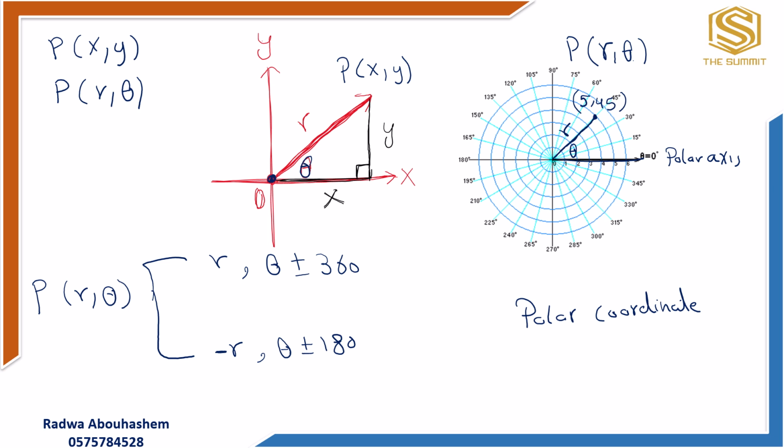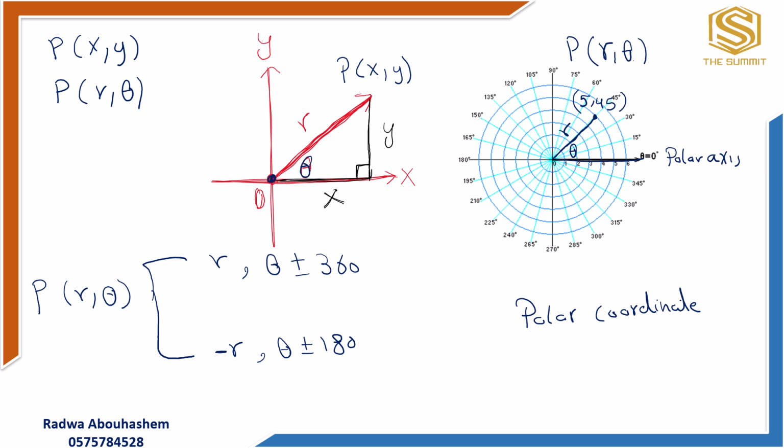It would be 540, 180 times 3, 180 times 5, 180 times 7, and so on. But for 360, you're going to add the even multiple, so 360, 720, and so on. 360 is just one rotation, 720 is two rotations, and so on.